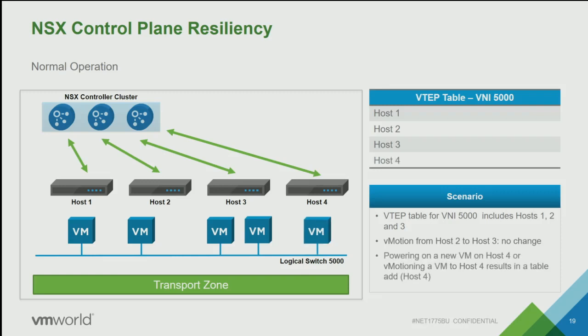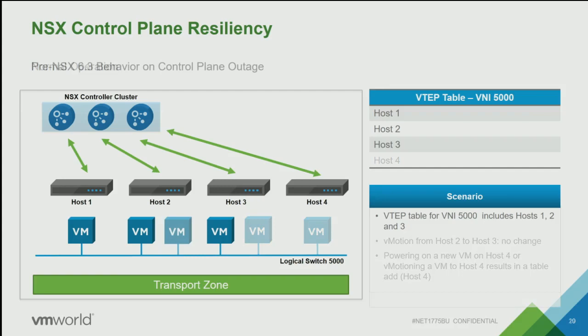If I power on a virtual machine on host 4, look what happened to the VTEP table. Just like Stephen was showing, you power on a machine, the VTEP table grows. It comes from a VTEP report from the VTEP to the controllers, and then gets pushed out to all the VTEPs. So now all the VTEPs know that hosts 1, 2, 3, and 4 are all together. Perfect. That's what should happen. Powering on or vMotioning, I'm happy.